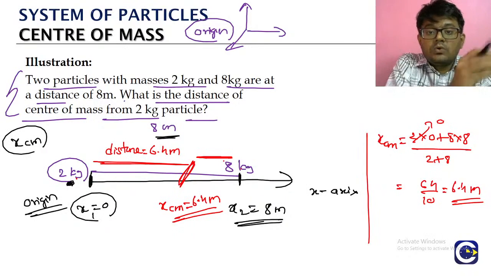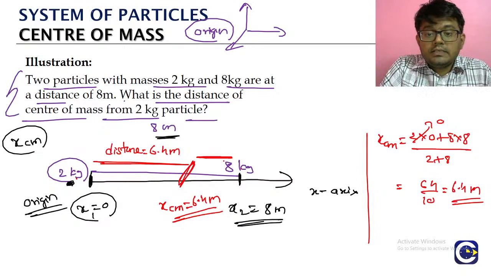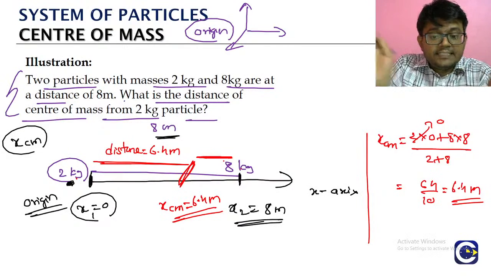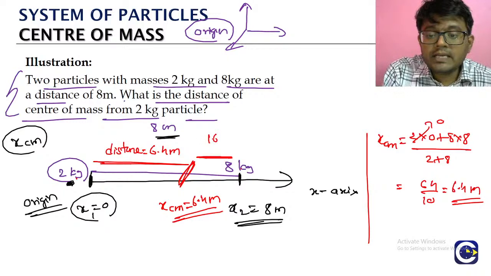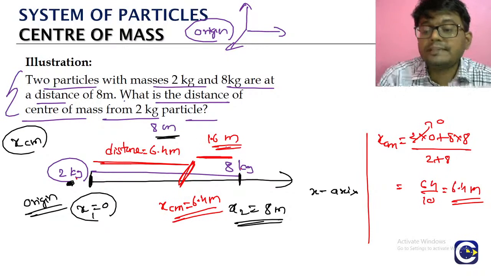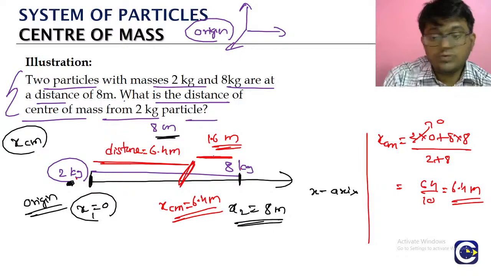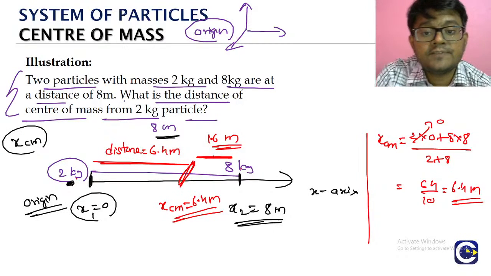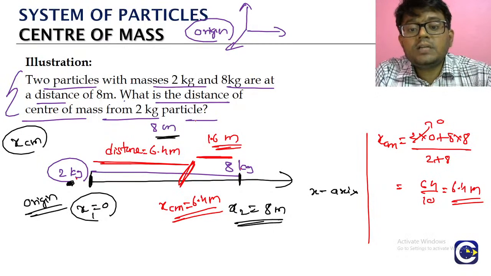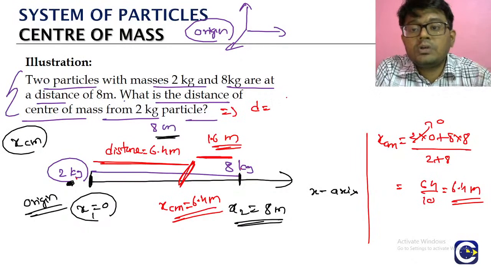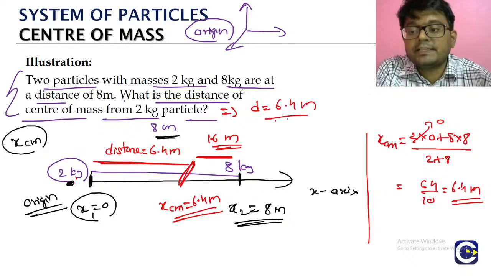Overall distance between 2 kg and 8 kg is 8 meters, right? This side 6.4, so what will be on the other side? 1.6 meters. Okay, so we got the answer for this question. Distance of the center of mass from the 2 kg particle will be 6.4 meters.